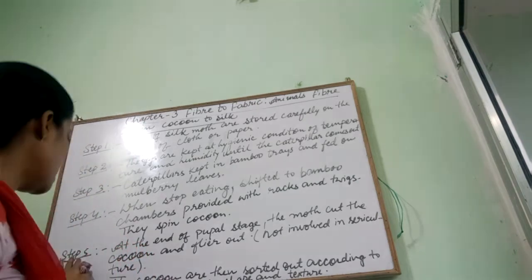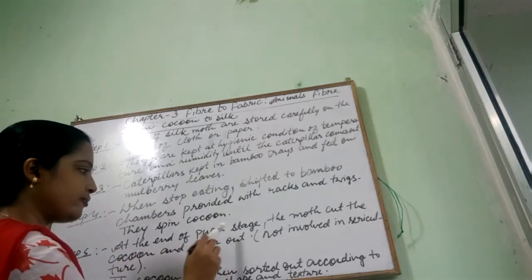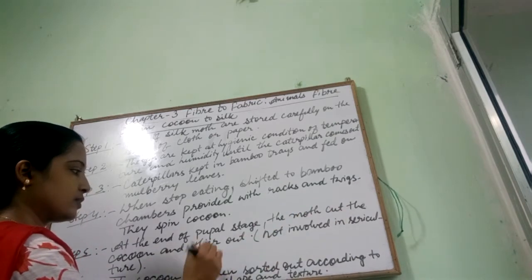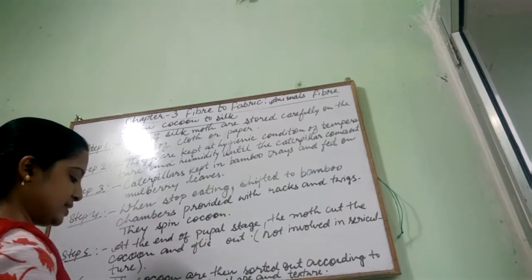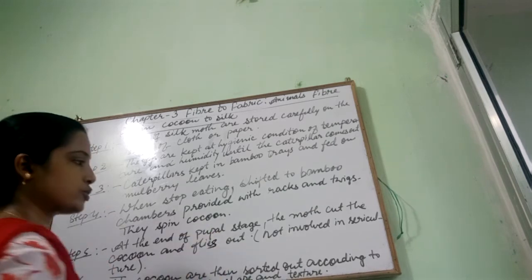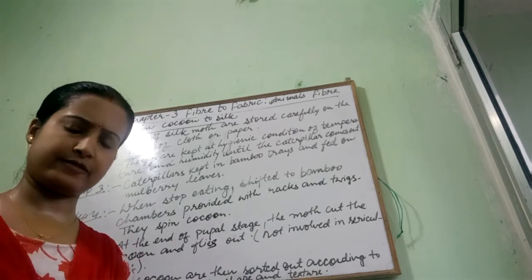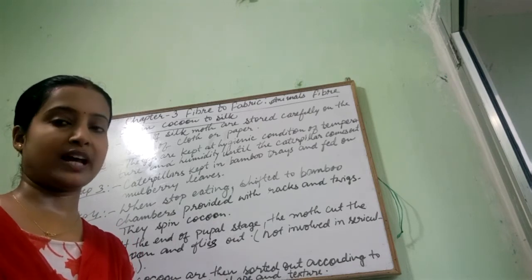Okay. Now in step 5, at the end of the pupal stage, the moth cuts the cocoon and flies out. In the fifth stage, what happened? When they grow enough inside the cocoon, they cut the cocoon and fly out.